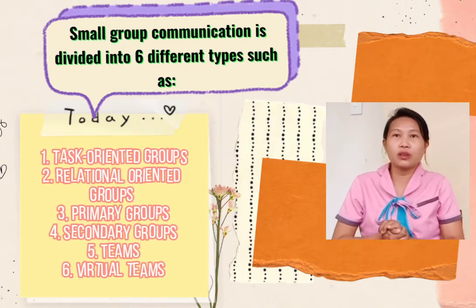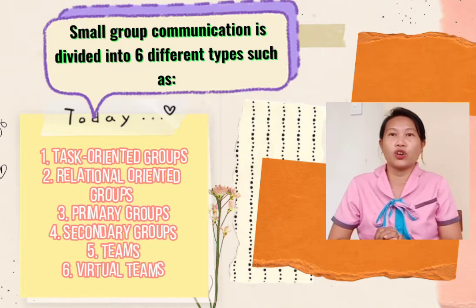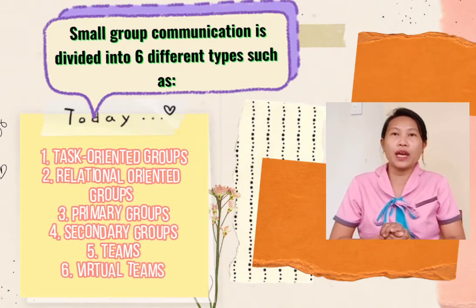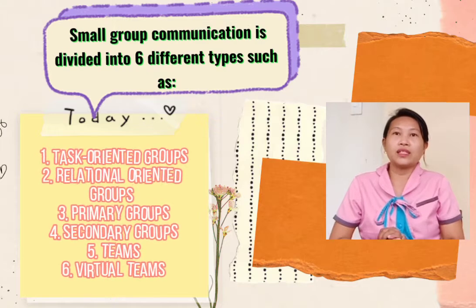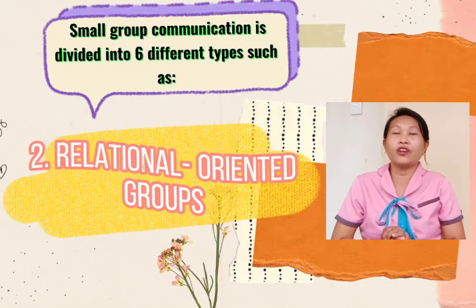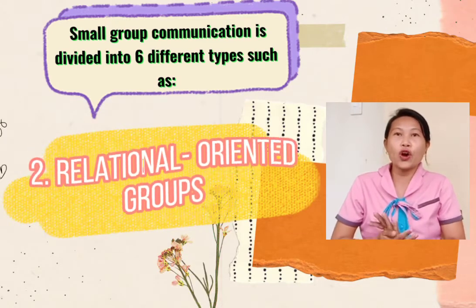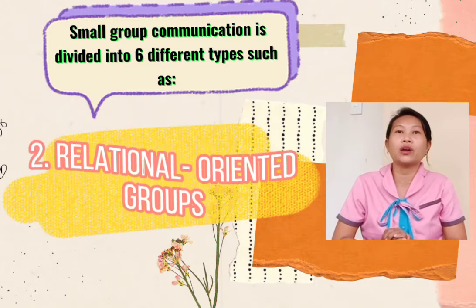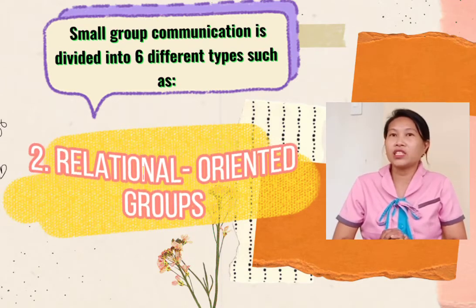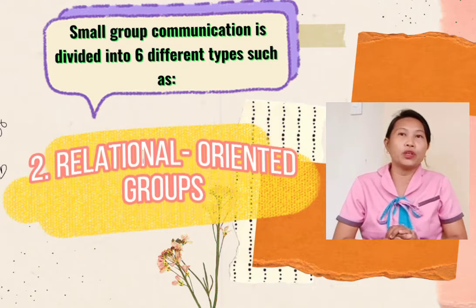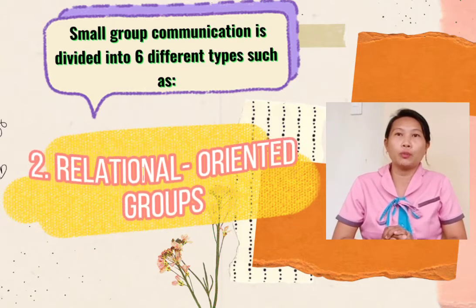Now let's continue to the second type of small group communication, which is relational-oriented groups. These are formed to promote interpersonal connections and are more focused on quality interactions that contribute to the well-being of group members.